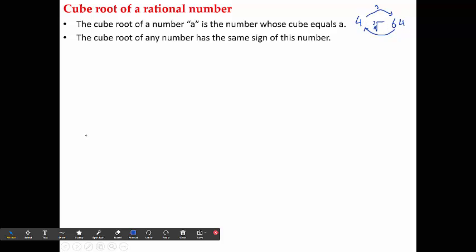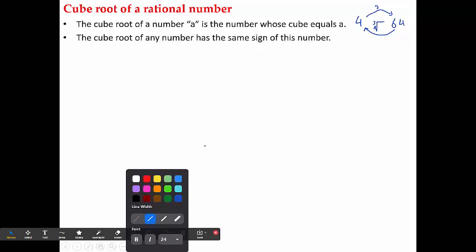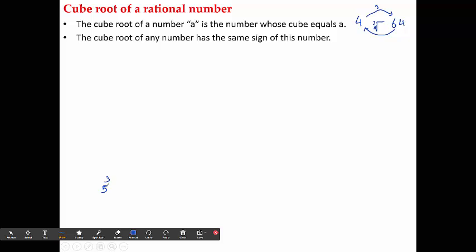The cube root of any number has the same sign as this number. If we have 5 cubed, what does 5 cubed mean? It means that the number 5 is multiplied by itself 3 times, so 5 times 5 times 5 equals 125. If the number is positive, the cube will also be positive.